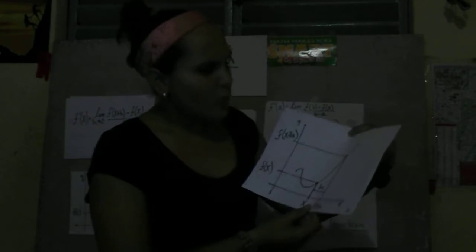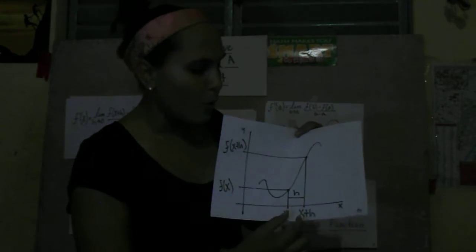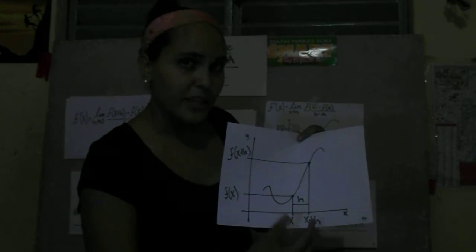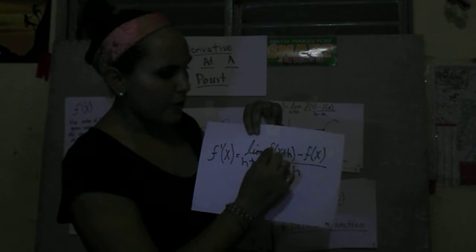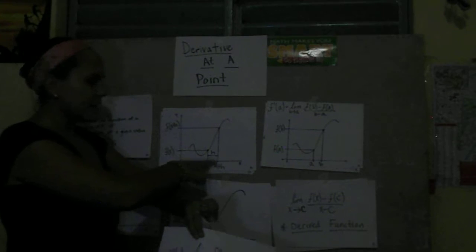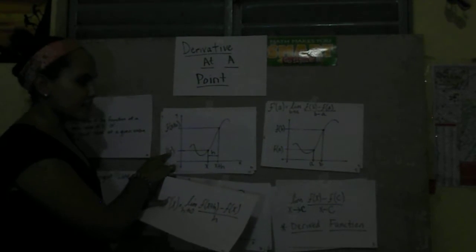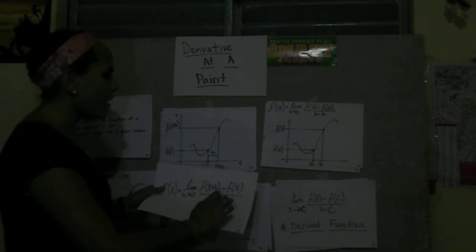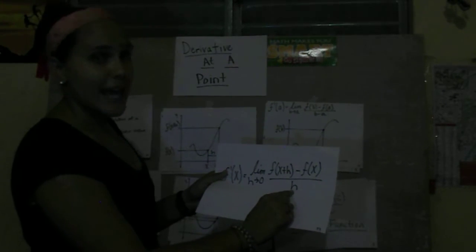So h is going to approach 0, or the distance between this point and this point is going to approach 0, giving us the limit as h approaches 0, the point right here, f of x plus h, minus f of x, which is just the change in y, all over x plus h minus x, simplifying the x's, giving us h.